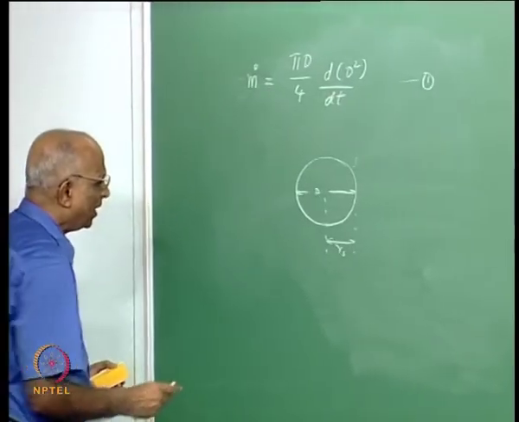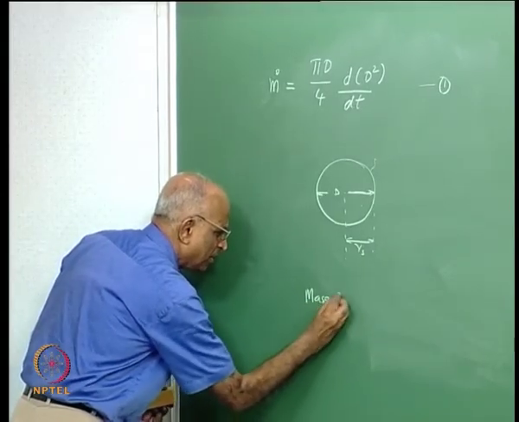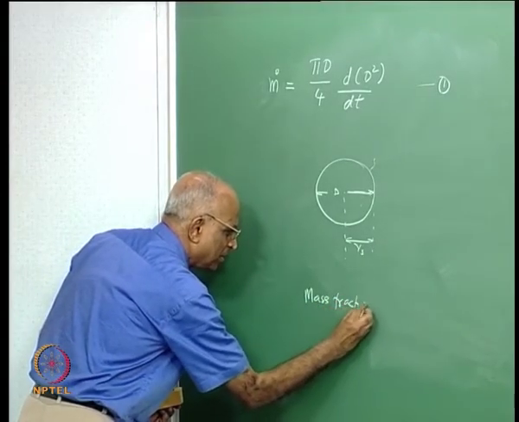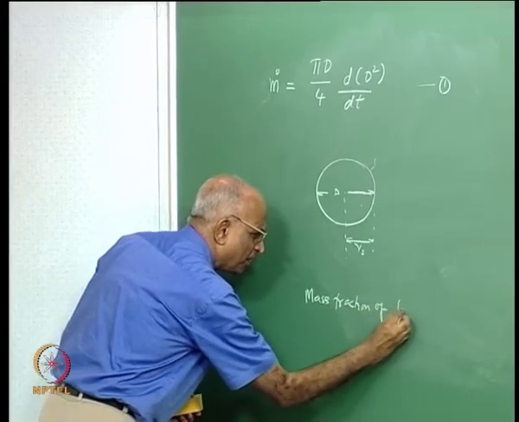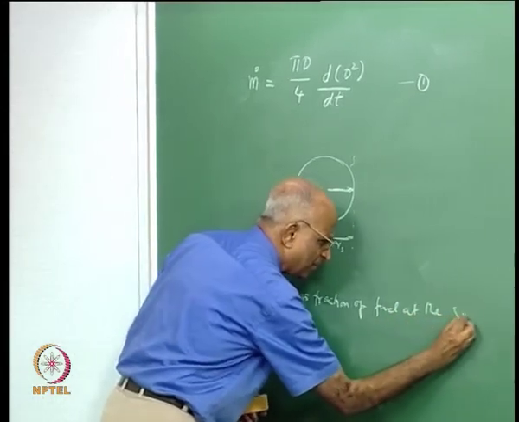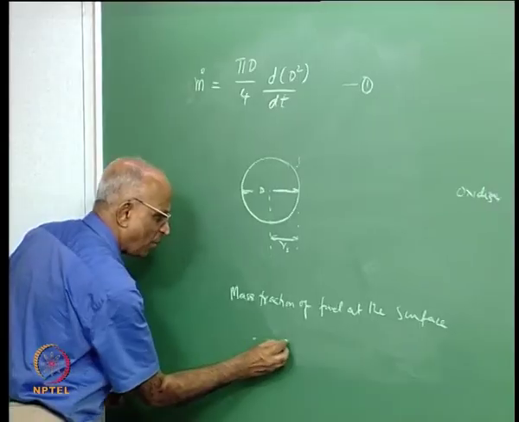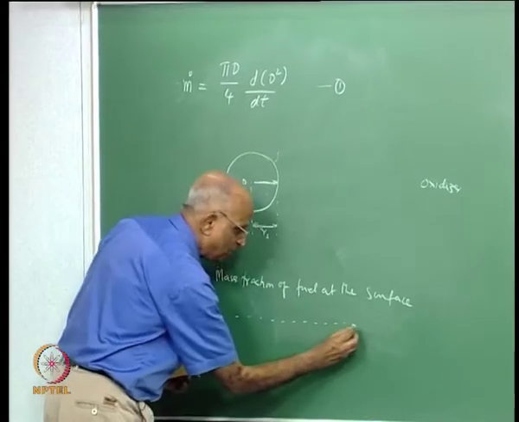Therefore, in other words, I am now interested in the mass fraction of fuel at the surface. Maybe I am also interested in the mass fraction of fuel at infinity.